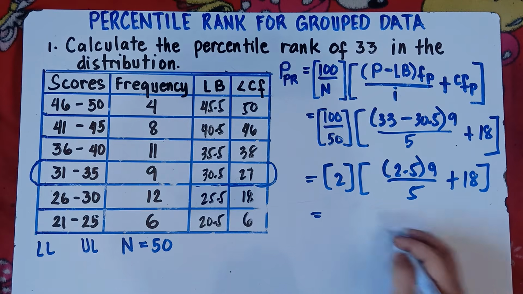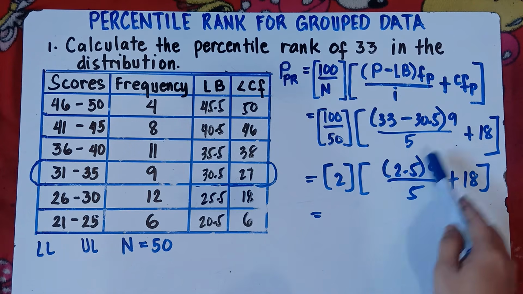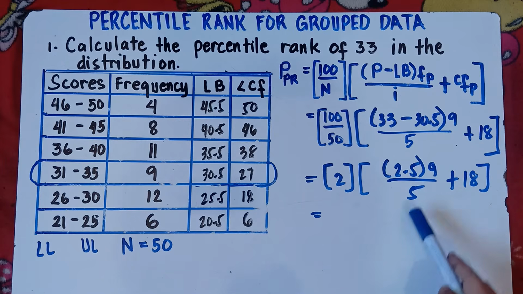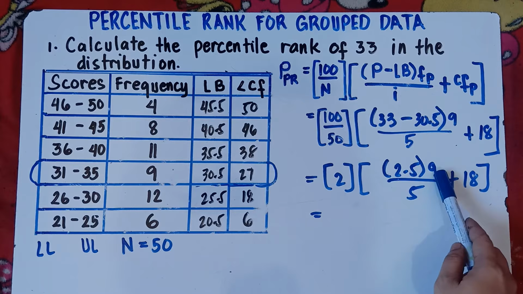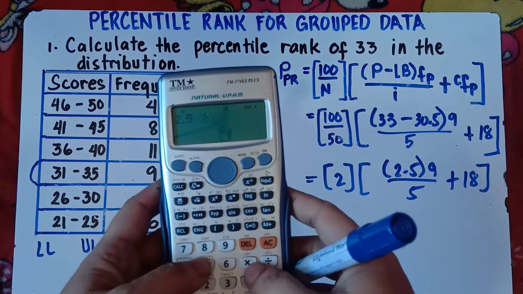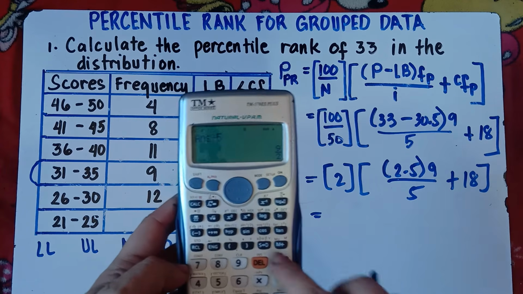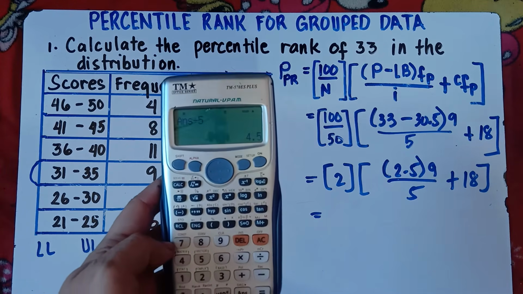Once again, multiply, then divide. So 2.5 times 9, then divided by 5. This will be 4.5.